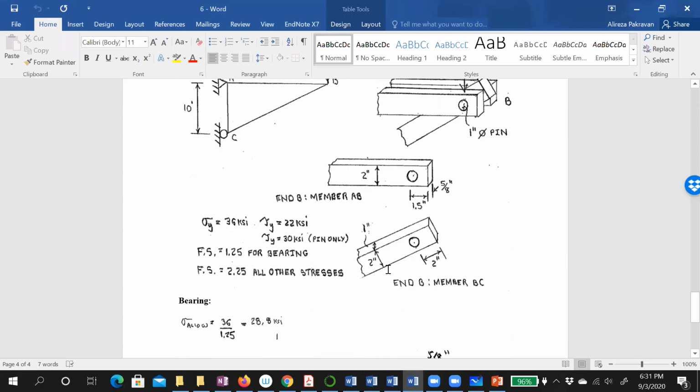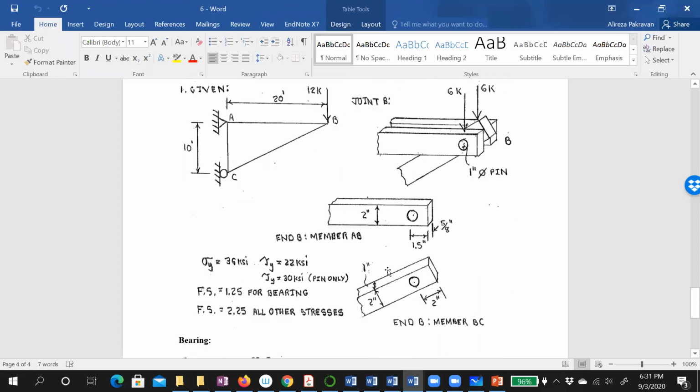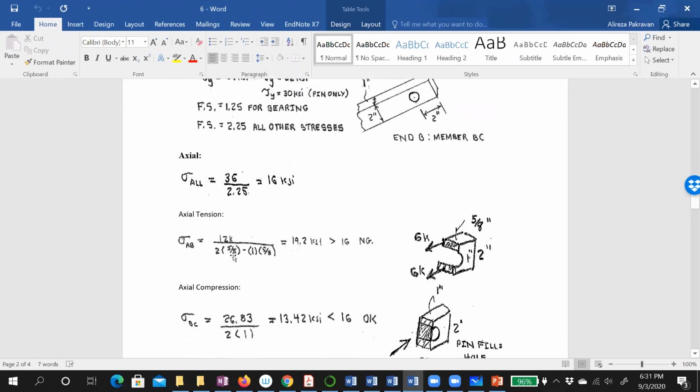I had a question. Sure. Back to axial tension. I get that the 5/8 is the thickness of member AB. Yes. But I don't get where the 2 and the 1 come into play. These two? Yeah, the 2 and the 1. The 2 in the denominator is the height of the member, this one.